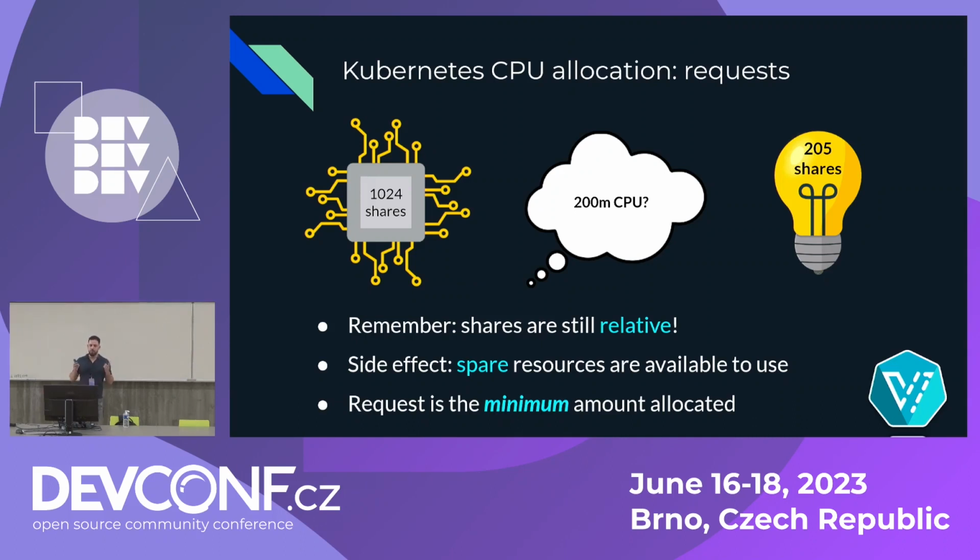But remember that shares are still relative, so there's a nice side effect here. For example, if all of our pods request only 50% of the CPU on the system, the other 50% is going to be split relative to the containers' requests. So basically, request is the minimum amount that's allocated.